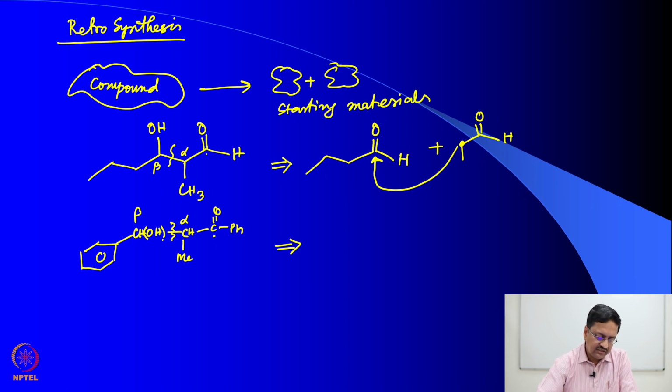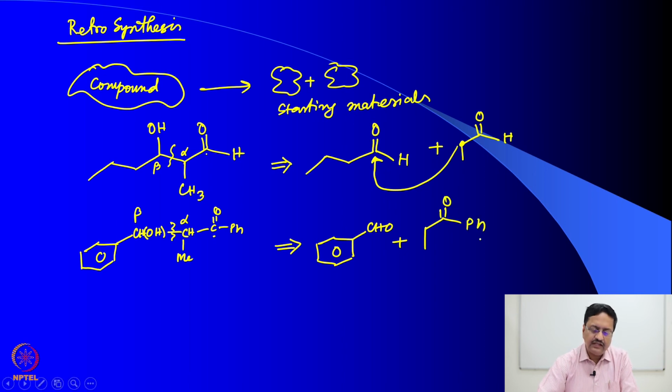So, in a retrosynthetic approach, this bond should be broken and converted to the corresponding aldehyde or ketone. In this case, it is aldehyde, and here this should become ethyl phenyl ketone.